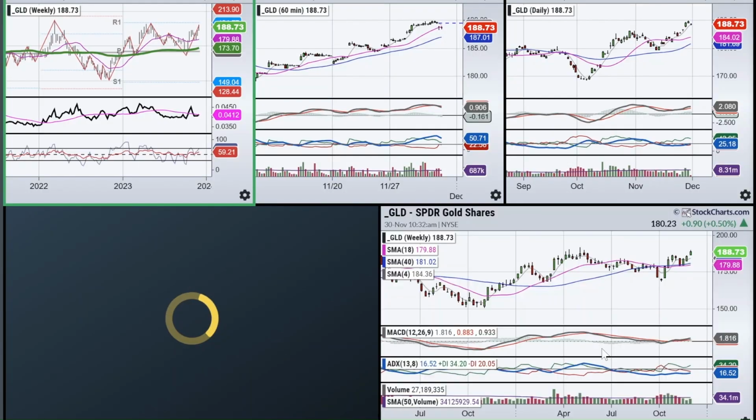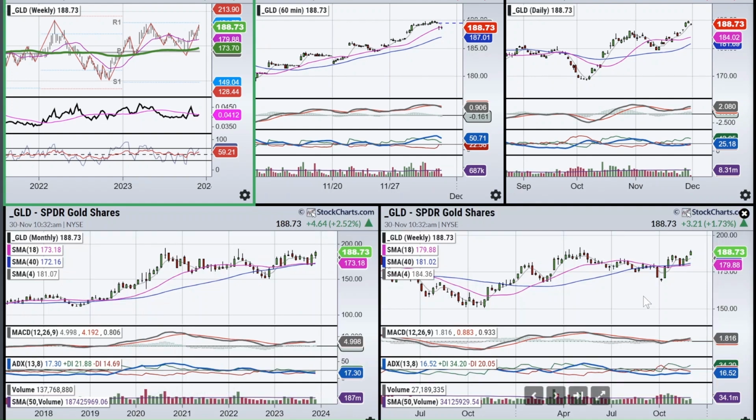All right, I do want to look at GLD again. I know we talked about it last week, but we have to have some respect for what's taking place. You see how this is cupping around? My suggestion to you is to go look at a stock like HMY, Harmony, or AGI. Those two stocks are smaller cap stocks, not with the big guys, but the patterns there are really significant.